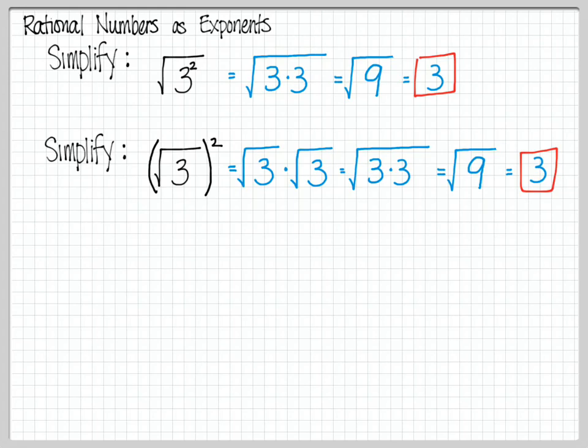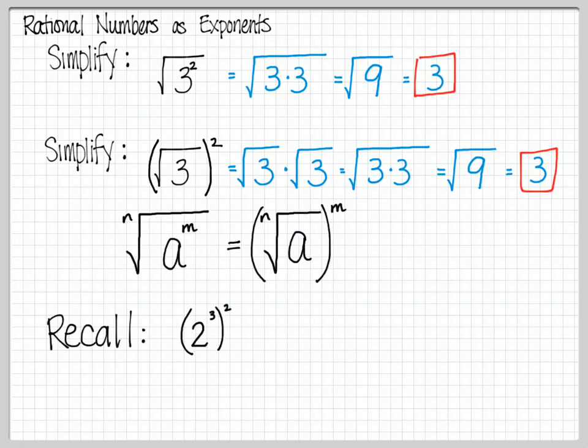So essentially from this, we could conclude that the root of any number to a power is the same thing as if we took that root and put the power on the outside. The nth root of a to the m is equal to the m power of the nth root of that number.